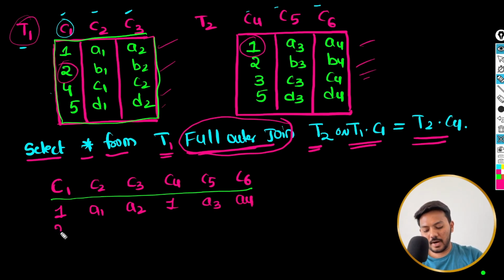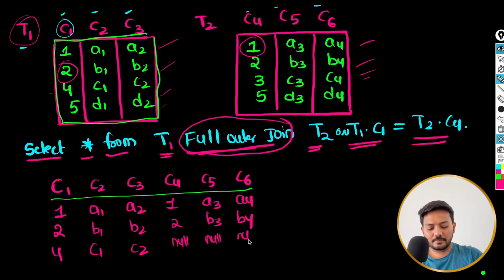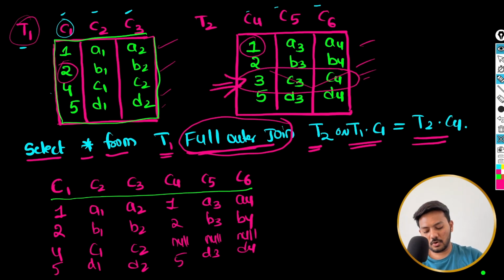And then next we have 2, B1, B2, 2, B3, B4. And then we have 4, C1, C2. And there is no 4 in the other table, so we have null values like this. And then we have 5, D1, D2, and then we have 5, D3 and D4. And because we have missed this record, we will add it like this: 3, C3, C4, and there are no values on the other side, so we will have null, null and null here.